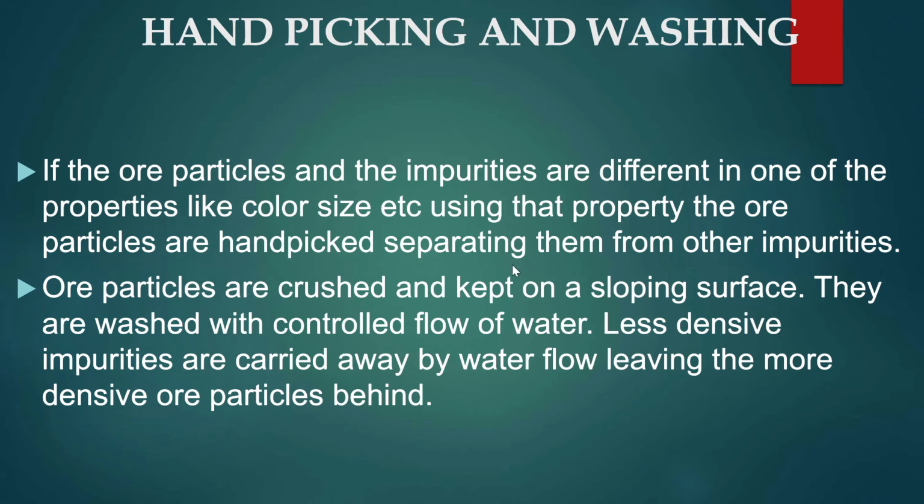She is able to pick them because they are different in color, right? So based on that property, she separates the paddy grains from the rice. Similarly, the impurities present in the ore are separated using hand picking.